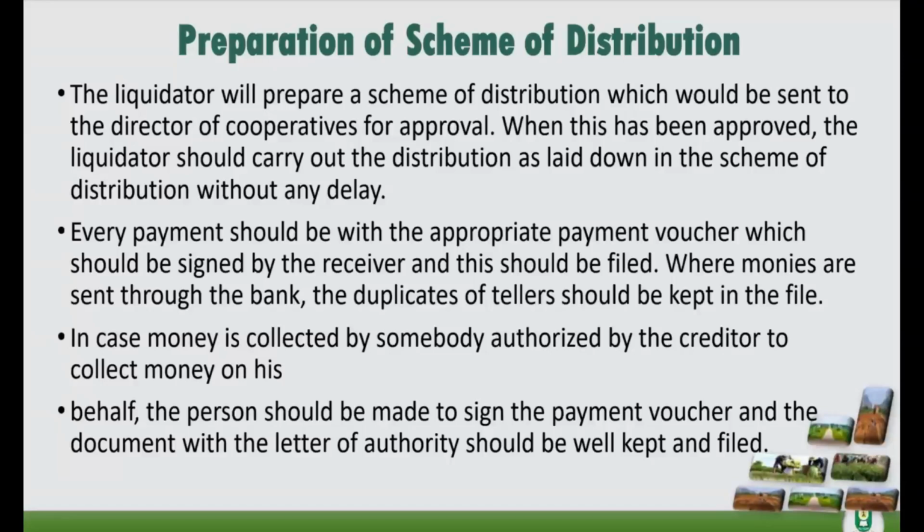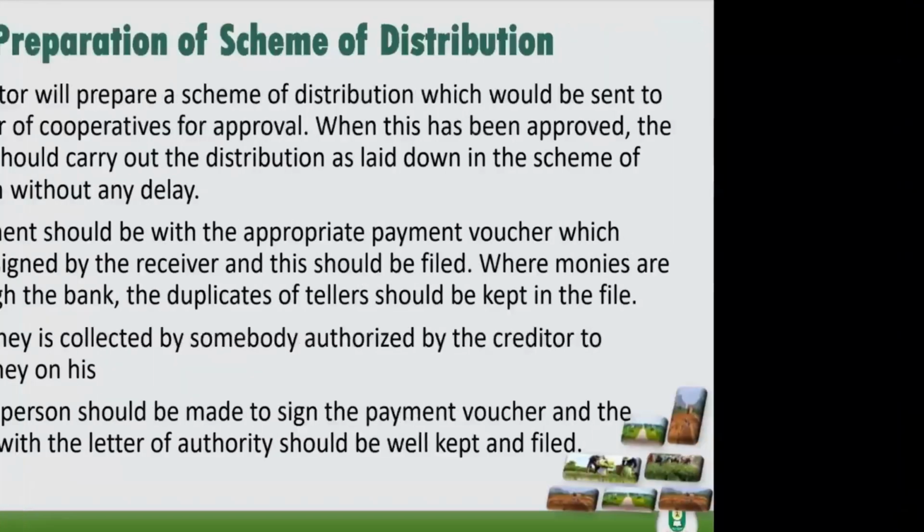Where monies are sent through the bank, the duplicates of tellers should be kept in the file. In case money is collected by somebody authorized by the creditor to collect on his behalf, the person should sign the payment voucher, and the document with the letter of authority should be well kept and filed.